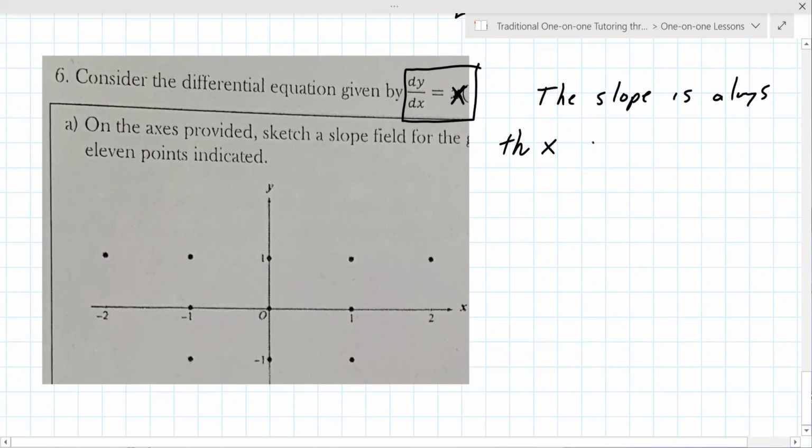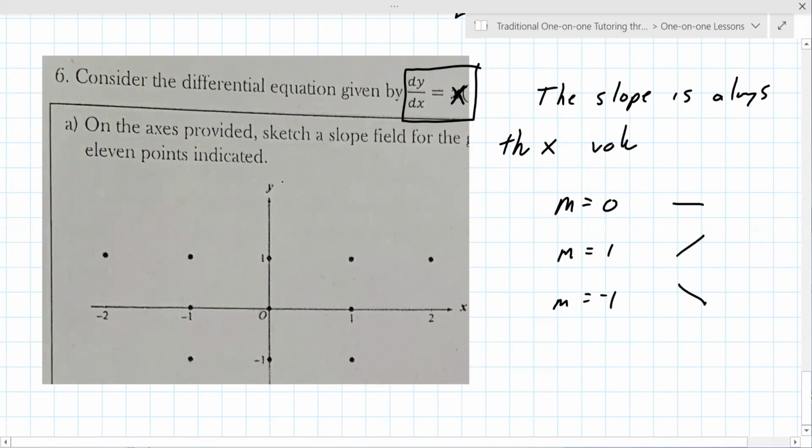If a slope of 0 is a horizontal line, a slope of 1 is a 45 degree line, and a slope of -1 is minus 45 degrees. So you tend to want to pick values for x that become these values.